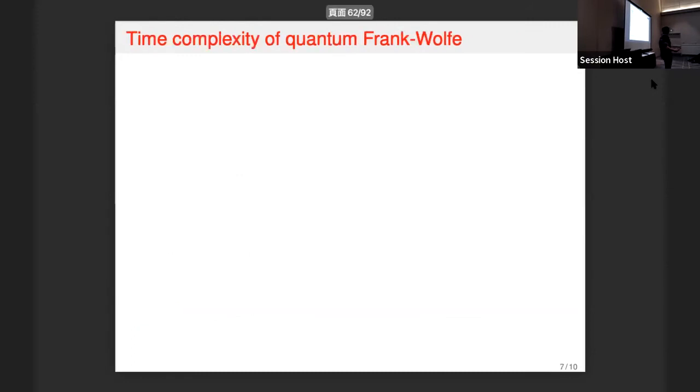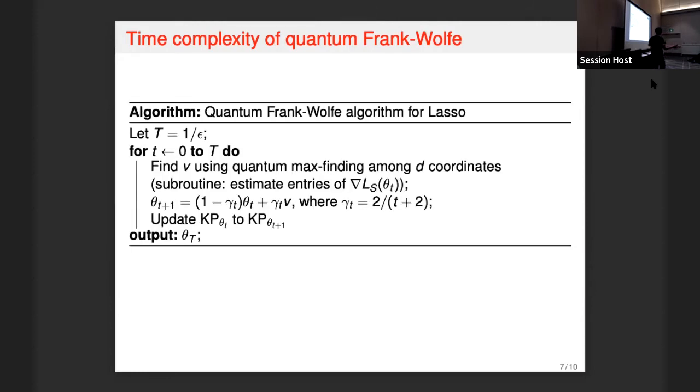Okay, now you already know the cost per iteration for the quantum Frank-Wolfe algorithm. So we are now ready to show the time complexity of our quantum Frank-Wolfe algorithm. So again, here is the quantum Frank-Wolfe algorithm. As I said, you will run the number of iterations 1/epsilon. And for each iteration, you will find the largest entry of your gradient. And here we use a subroutine to help us estimate entries of the gradient.